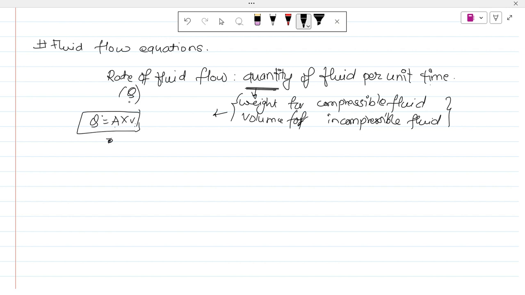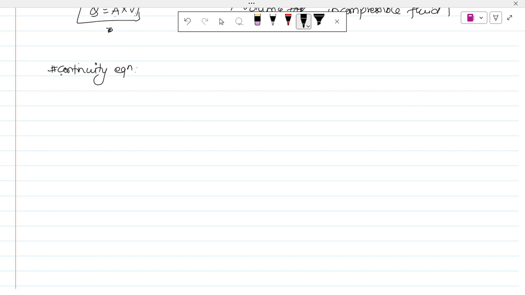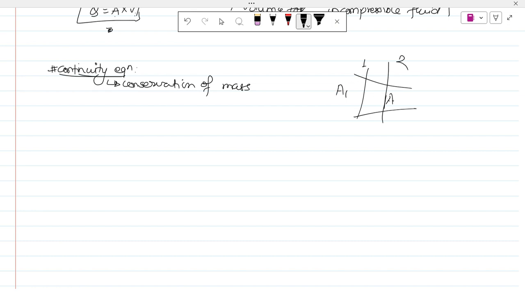Now we have our continuity equation. What is the continuity equation? The continuity equation is based on conservation of mass. Suppose there is a channel with section 1 and section 2. The area of section 1 is A1, and the area of section 2 is A2. Conservation of mass states that the rate of mass flowing through section 1 equals the rate flowing through section 2.